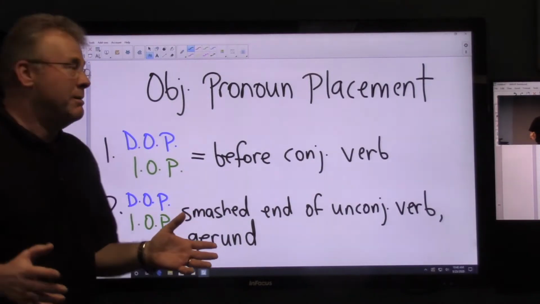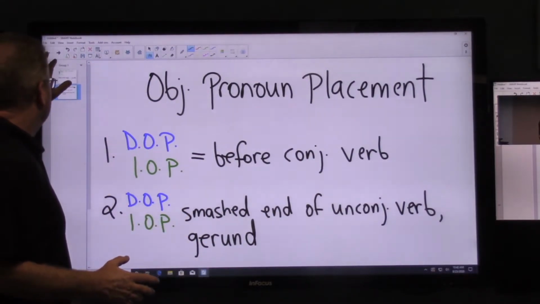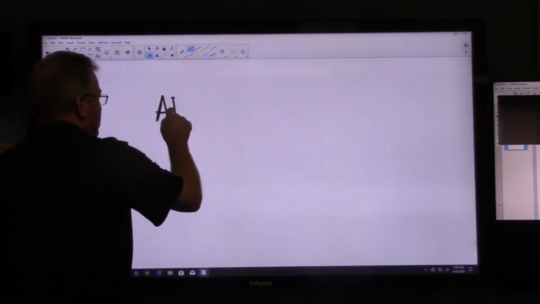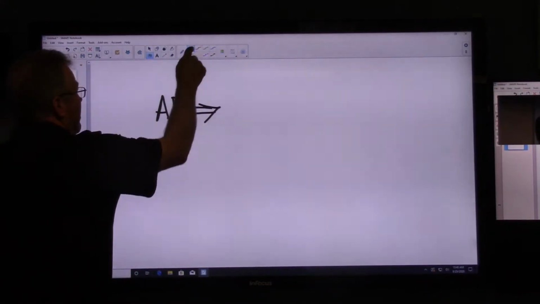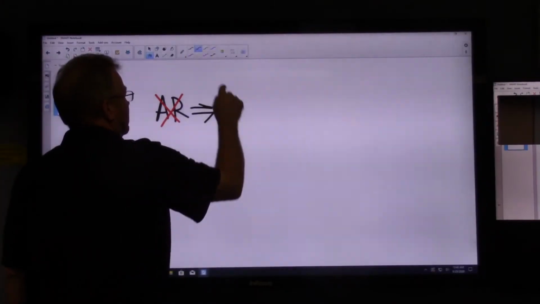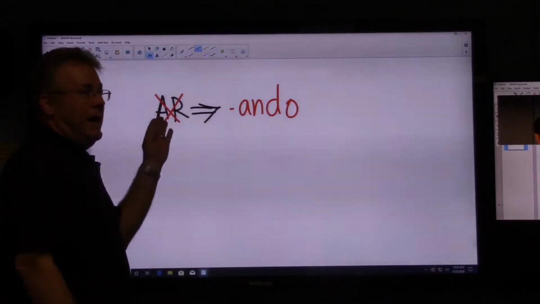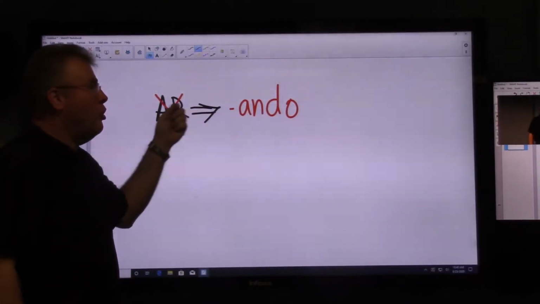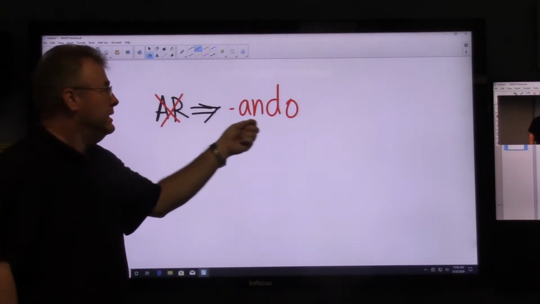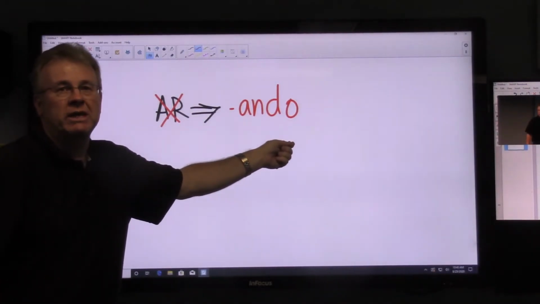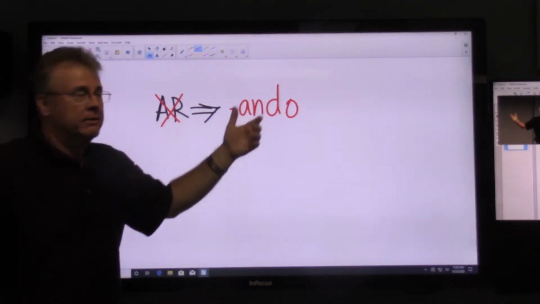And remember how to create gerunds, right? AR verbs, we drop the AR and replace it with ANDO, right? So hablar becomes hablando, comprar becomes comprando, trabajar becomes trabajando, estudiar becomes estudiando. We could do this all day, right?